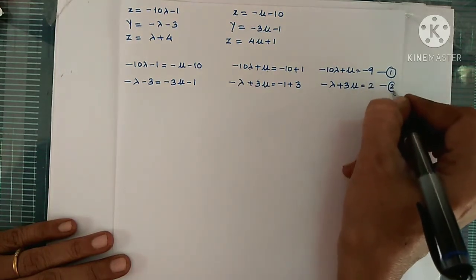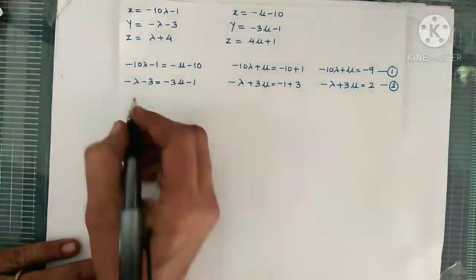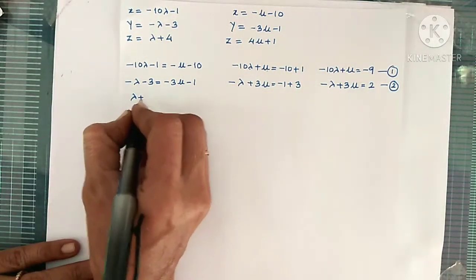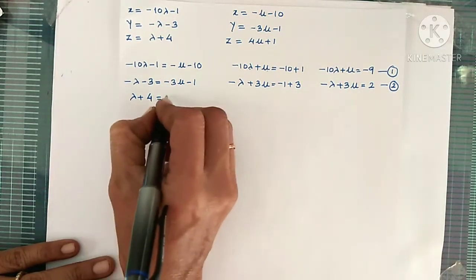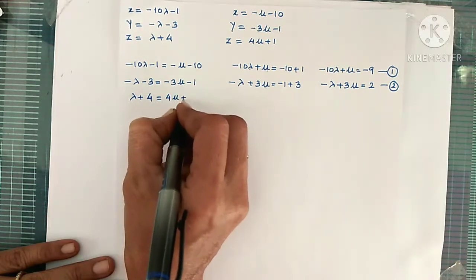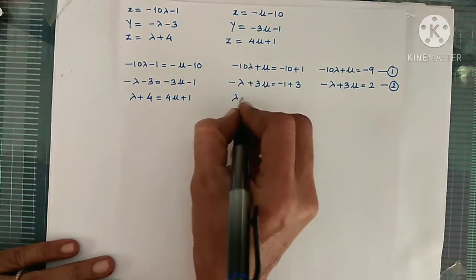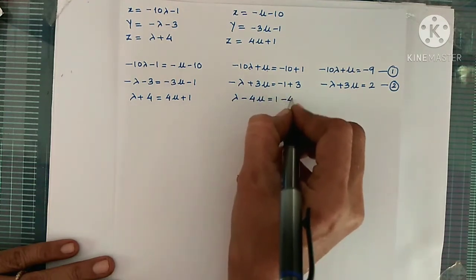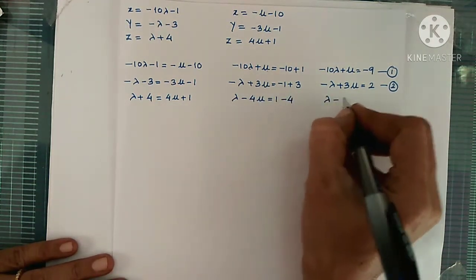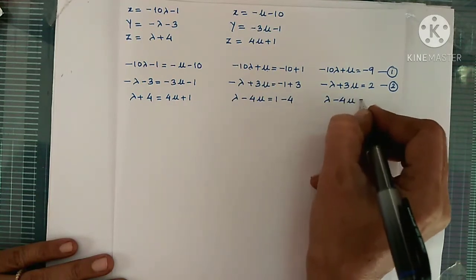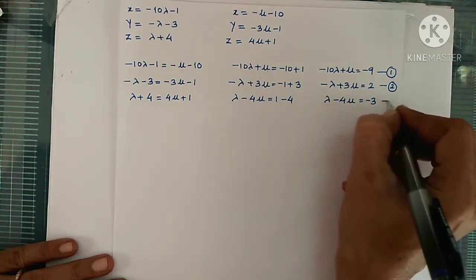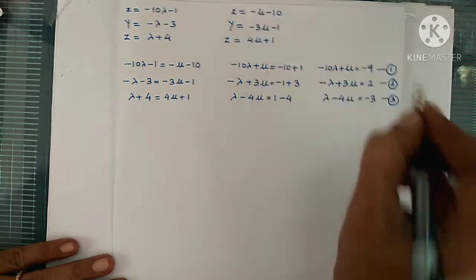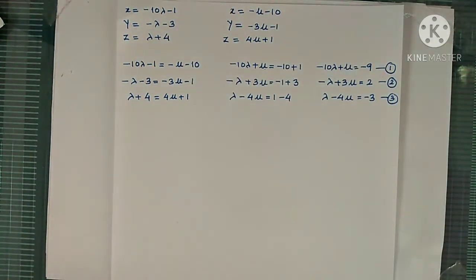So let this be equation number 2. Now equating z coordinates, we have lambda plus 4 equal to 4 mu plus 1. So lambda minus 4 mu equal to 1 minus 4. So that is lambda minus 4 mu equal to minus 3. So this is our third equation.